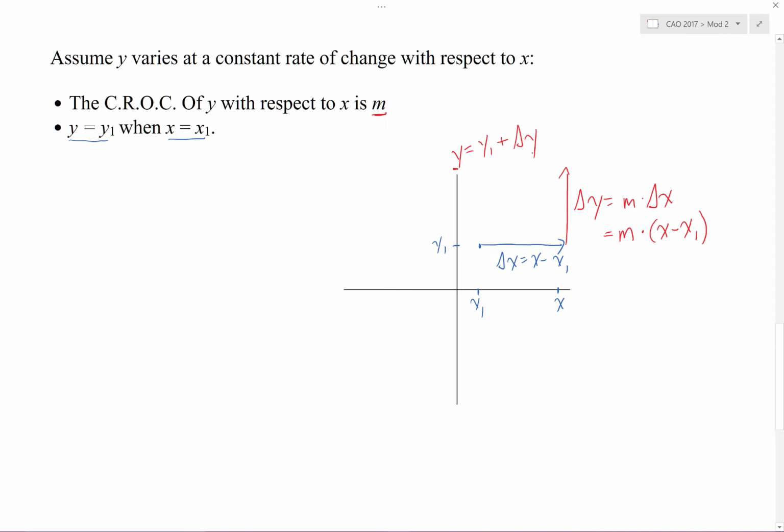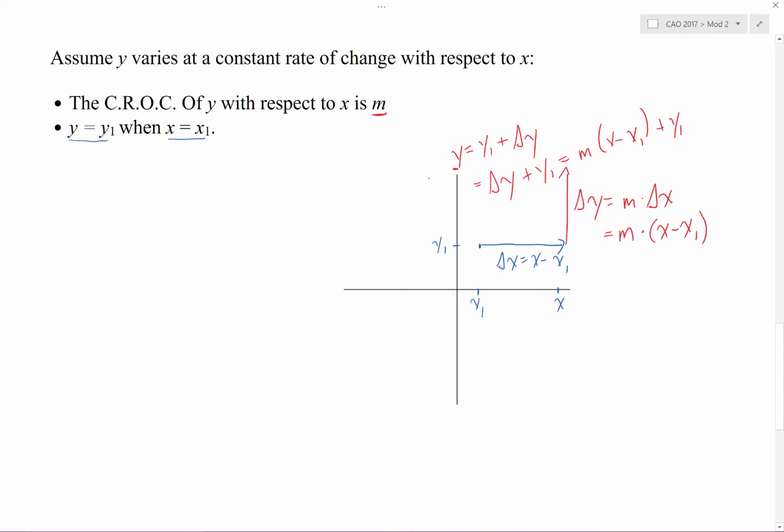So plus delta y, or we could rewrite this as the change in y plus the initial value of y. And we know that the change in y is equal to m times x minus x1, plus y1.